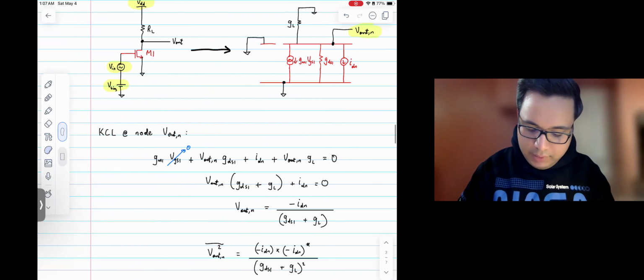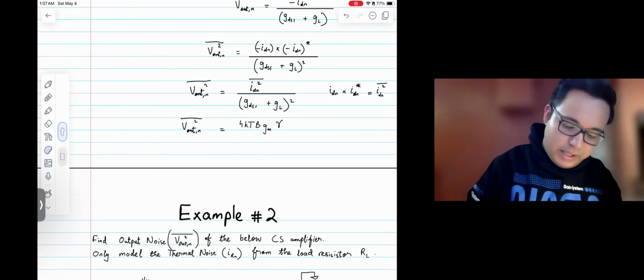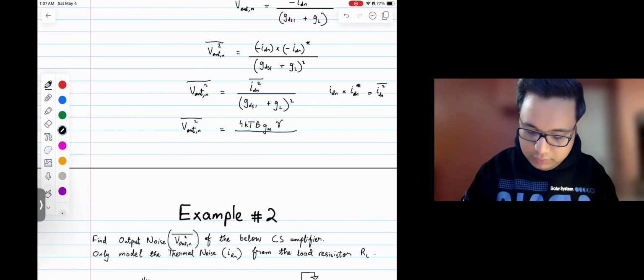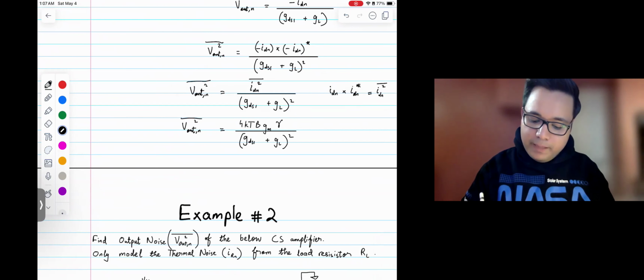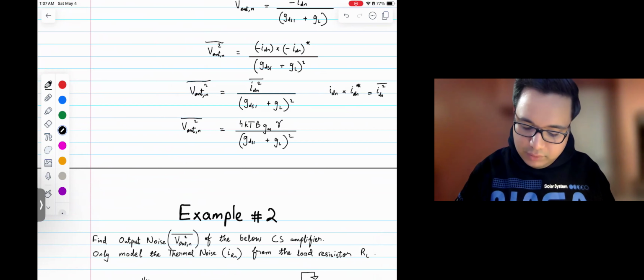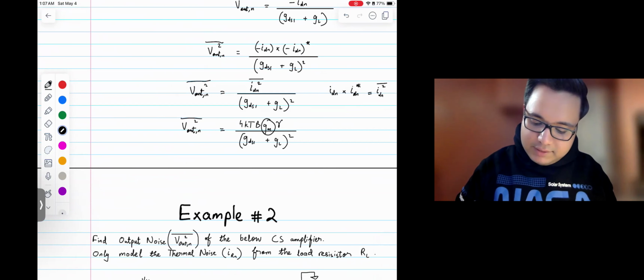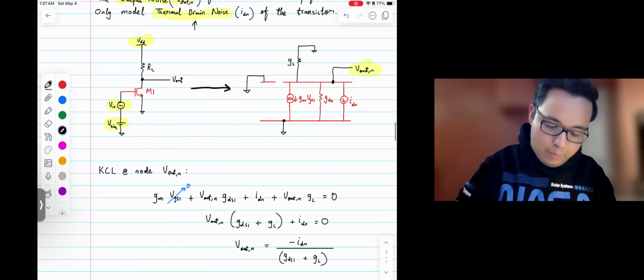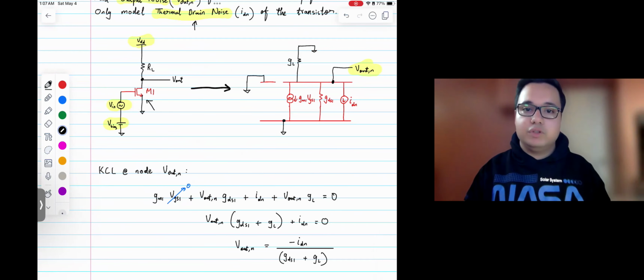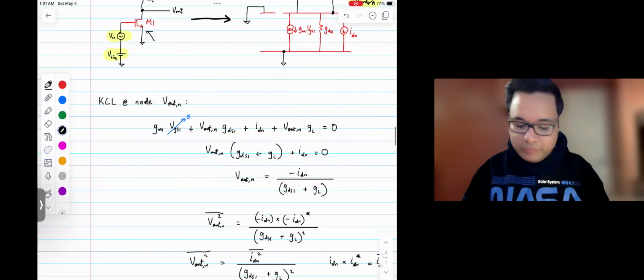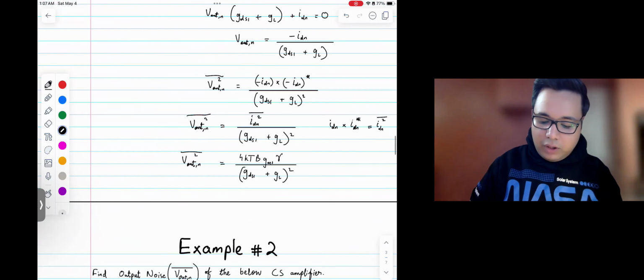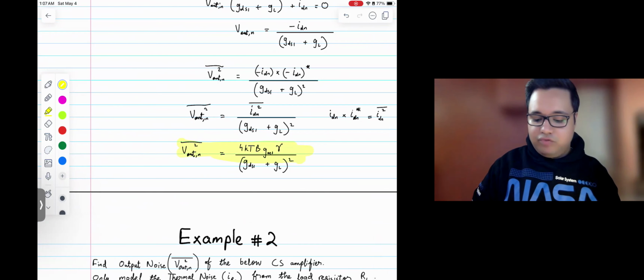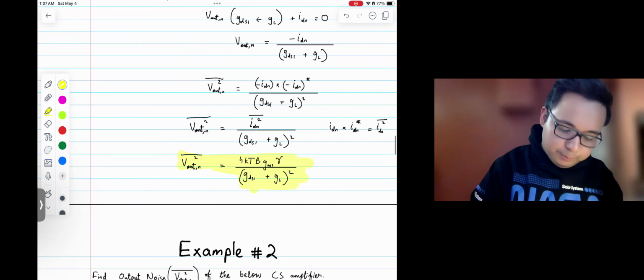So we can say it is 4 kT GM gamma, and then the denominator remains the same, GDS1 plus GL squared. Now, important to note here is this GM. Which GM is this? It's GM1 of this M1 transistor over here, all right? So just something to note over here. So that's the final expression for output voltage noise of a common source amplifier.